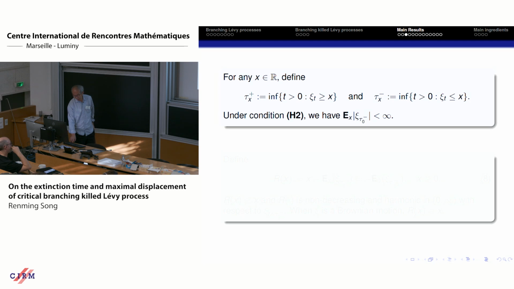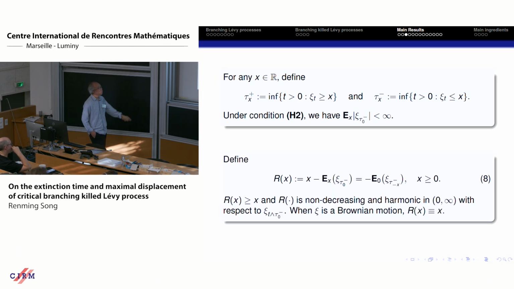With that, we can introduce this quantity R of x, equal to x minus the mean position when you first exit the positive half line. You can rewrite it in a different way.